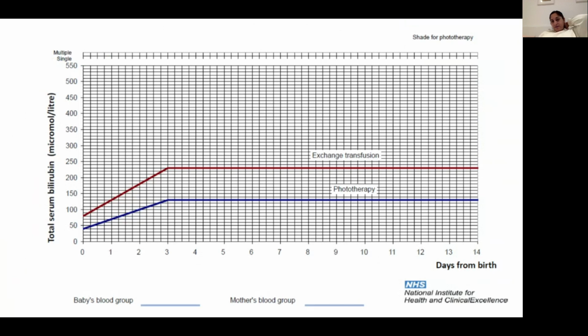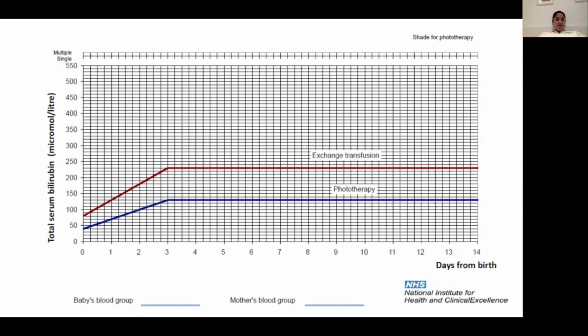So I think this should be something that is available throughout different neonatal departments across the UK. And this is basically just a graph that we use to plot the levels of bilirubin. And it tells us whether the baby needs to start phototherapy or whether they need to start exchange transfusion.